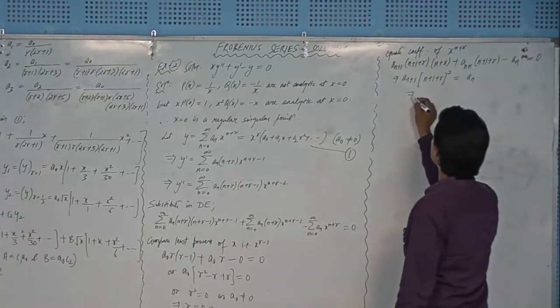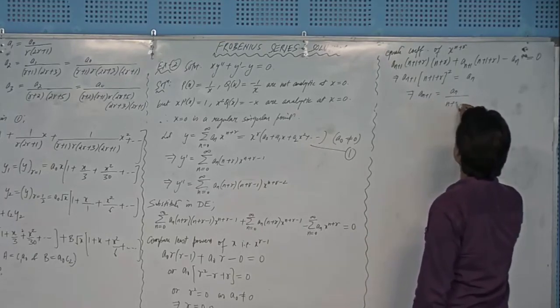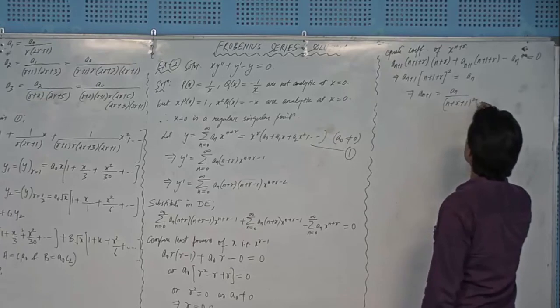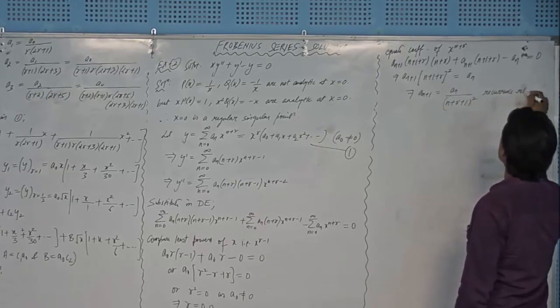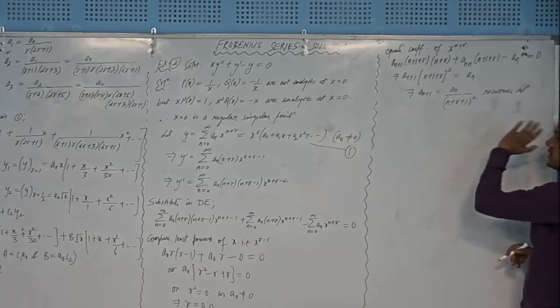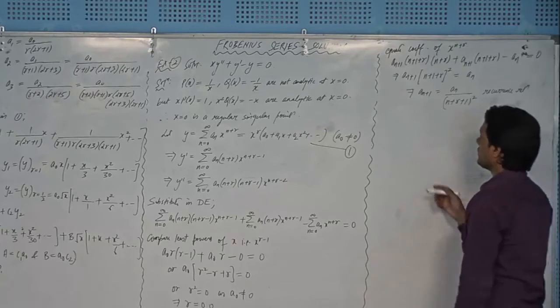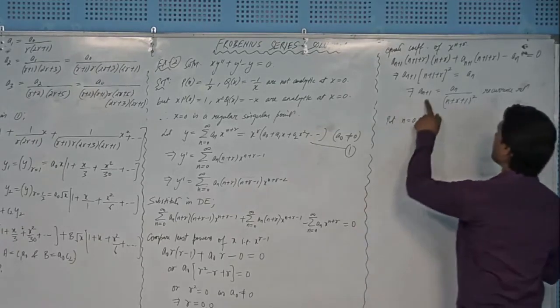And this will give you a n plus 1 equal to a n divided by n plus r plus 1 whole square. This is the recurrence relation, right? And in this relation, I'll put values n equal to 0, 1, 2, 3 to obtain a1, a2, a3 and so on, right?